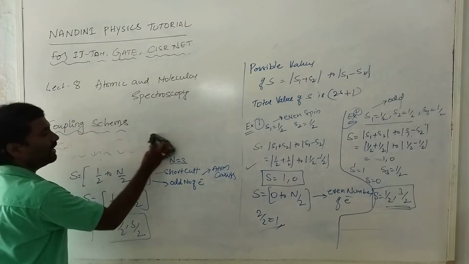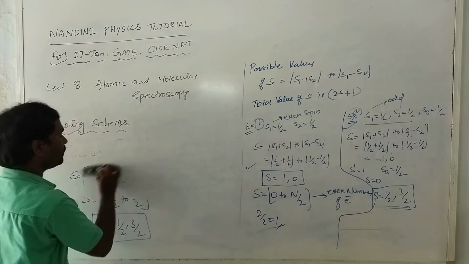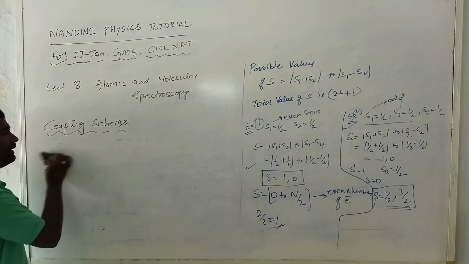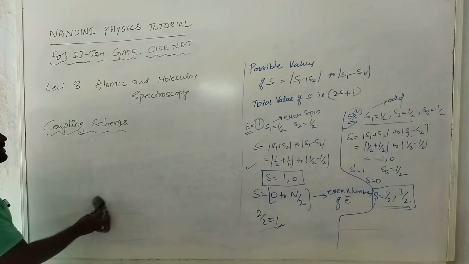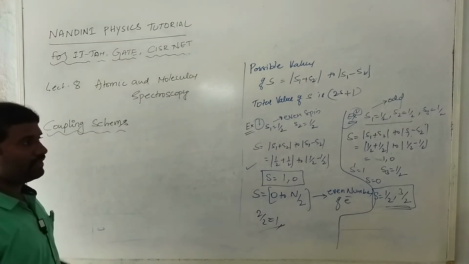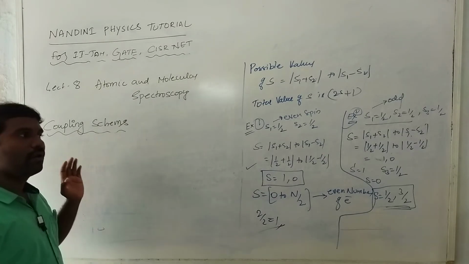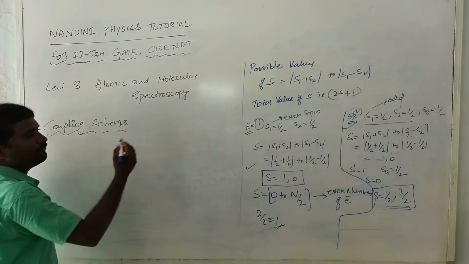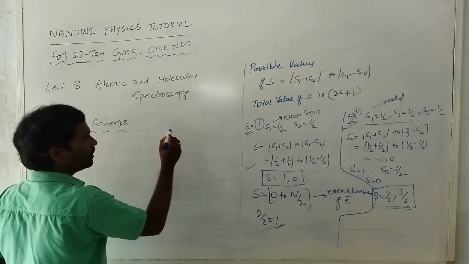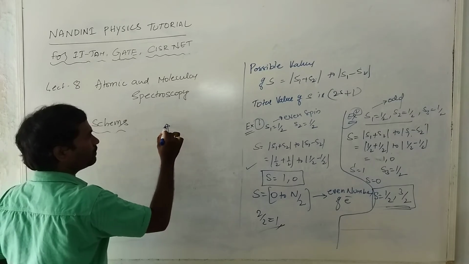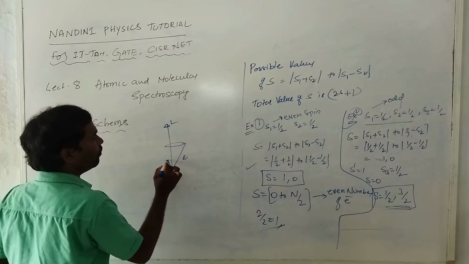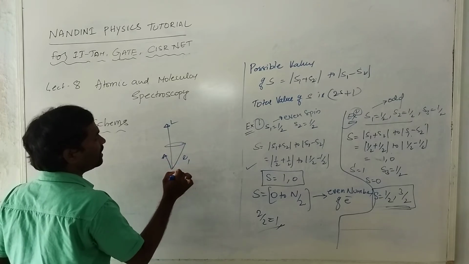Now I will move to spin-orbit interaction. Spin-orbit interaction means the interaction between orbital angular momentum and spin angular momentum. In the diagram, this is the total orbital angular momentum, and these are the individual precessions about their own axis, L1, L2.